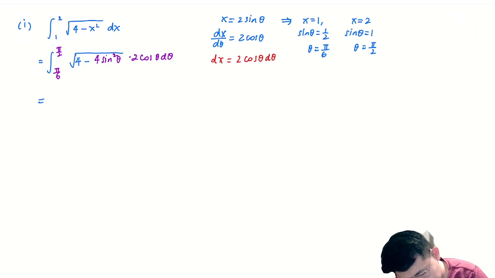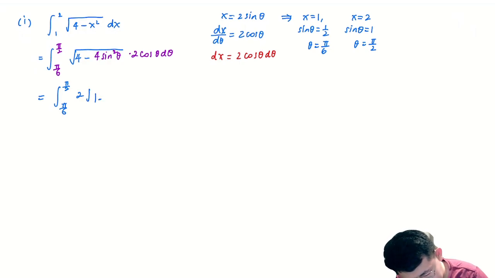Bringing out the 4, it will be square root of 4, and the square root of 4 is actually 2. Then 1 minus sine squared theta, dot 2 cos theta d theta.